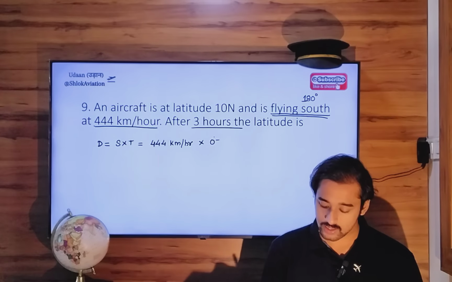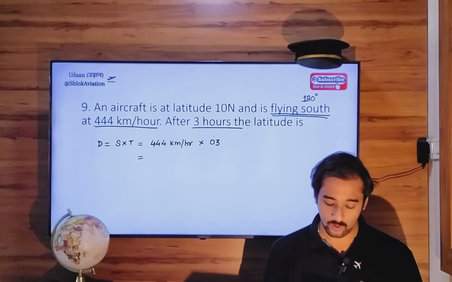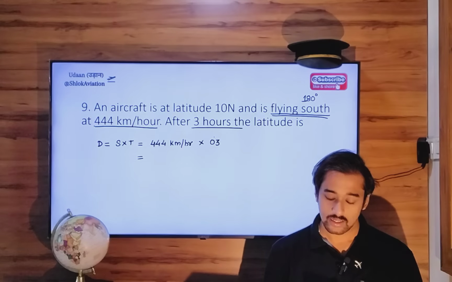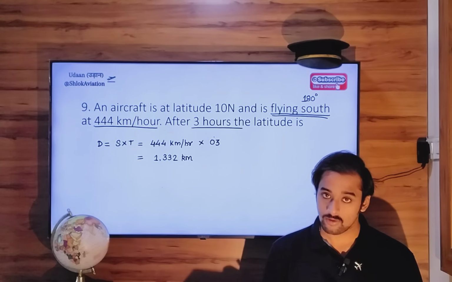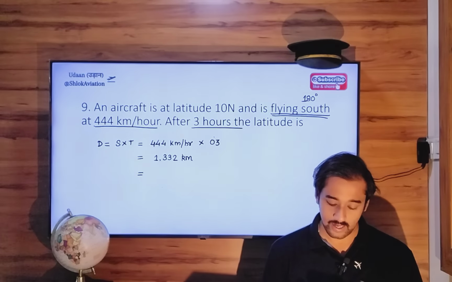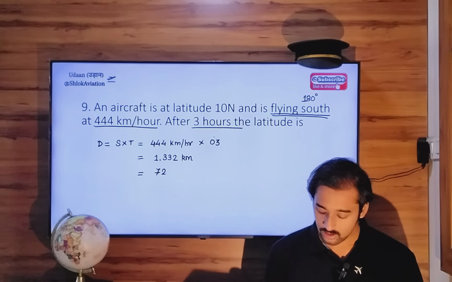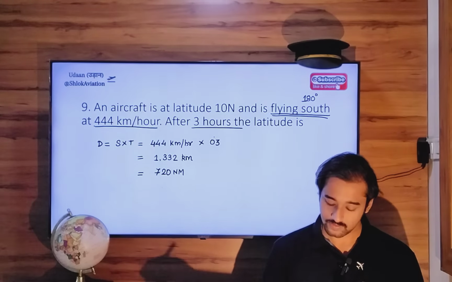Time is 3 hours. So 444 into 3 is equal to 1332 kilometers. Convert this into nautical miles, divide it by 1.85, which is 720 nautical miles.